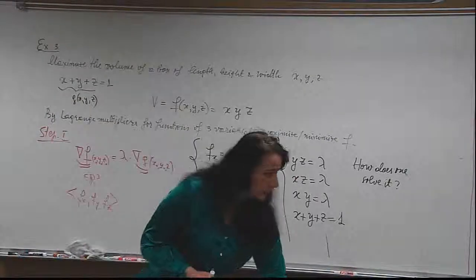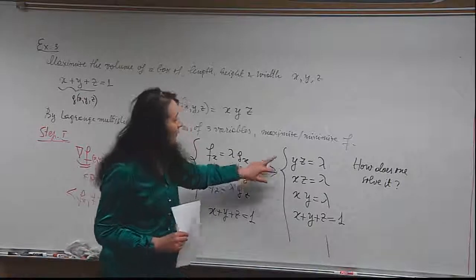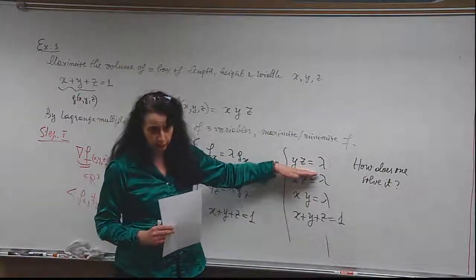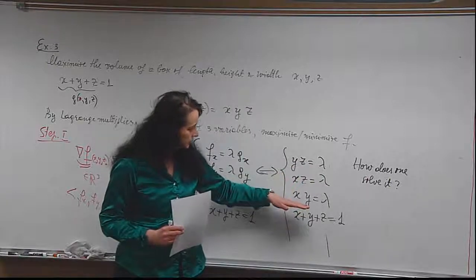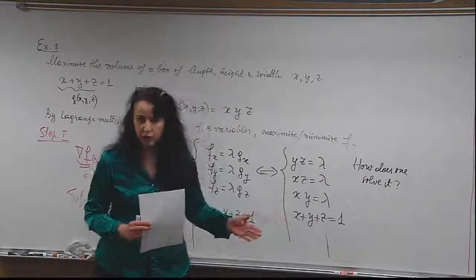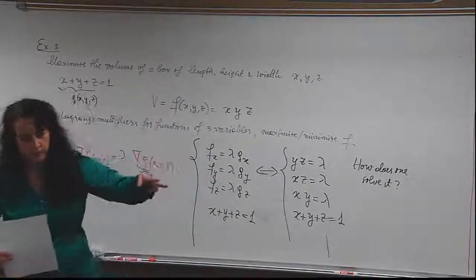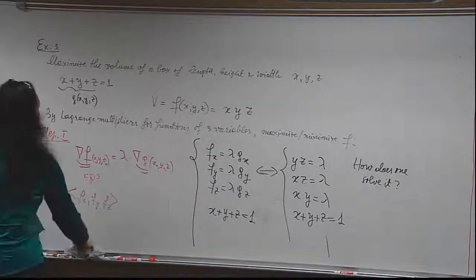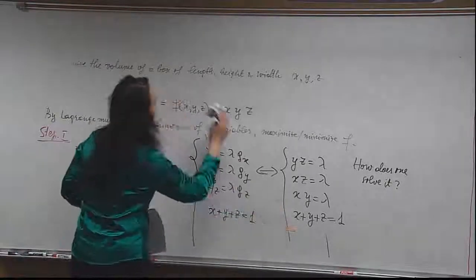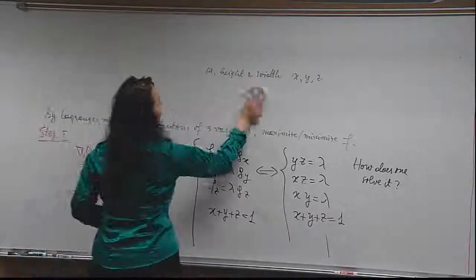So the way I approach this problem, okay, one observation. I could subtract the second from the first, or I could subtract the third from the second, or I could subtract the second from the first and analyze all the possibilities. Let's do only one, and then by symmetry, because this is a symmetric problem, I'm going to see all the other cases.